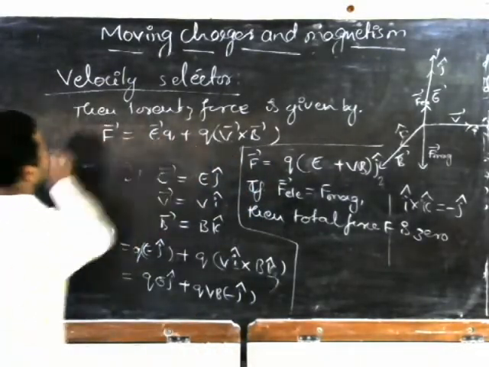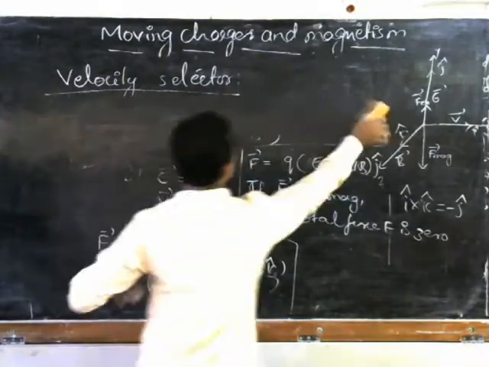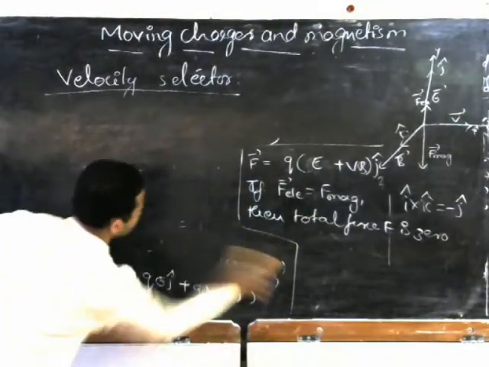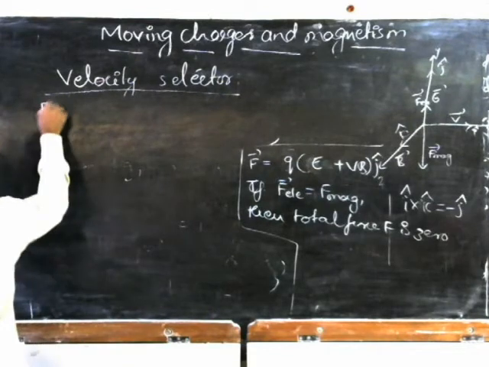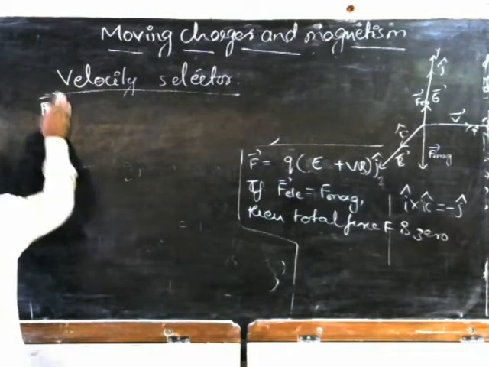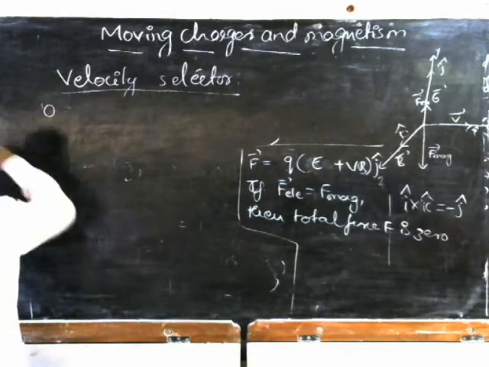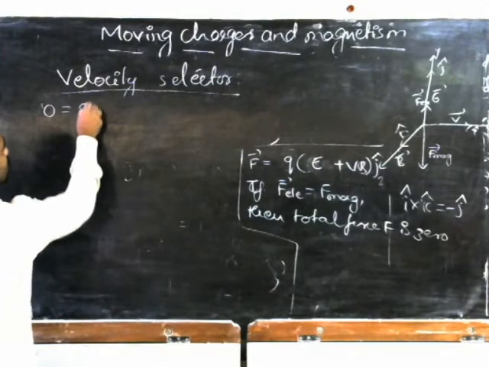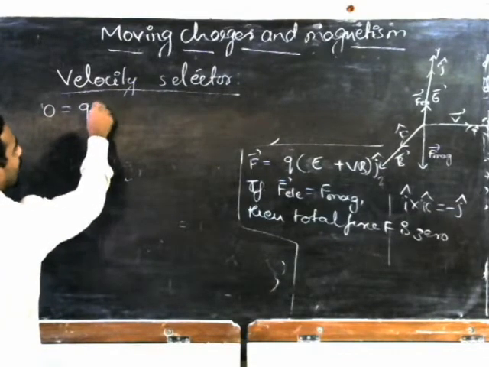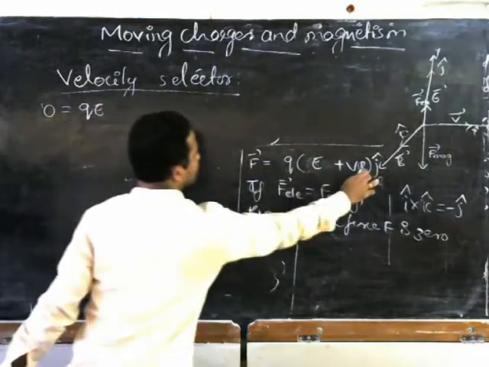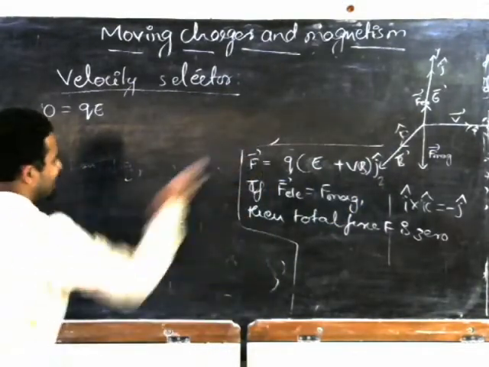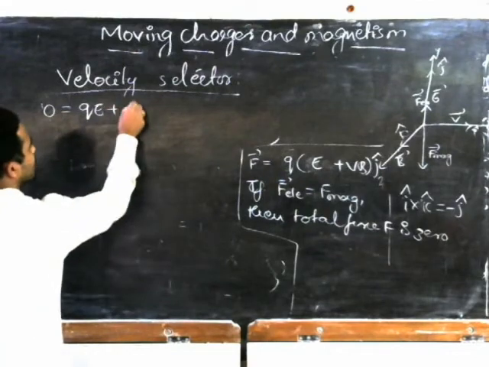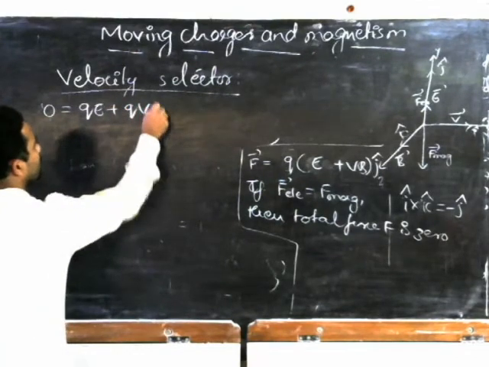So I can write F is equal to 0. I have removed the vector. So q into, I am multiplying, open the bracket, j is cancelled because F is equal to 0. I am not writing that j, qE plus q into B.